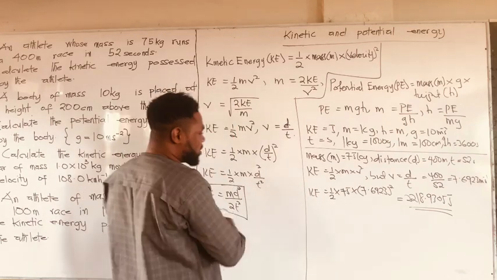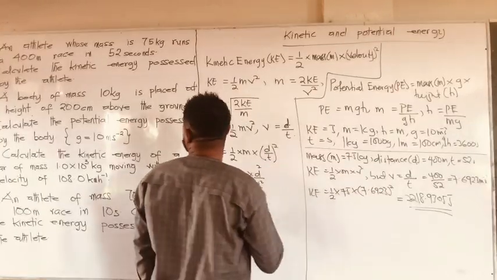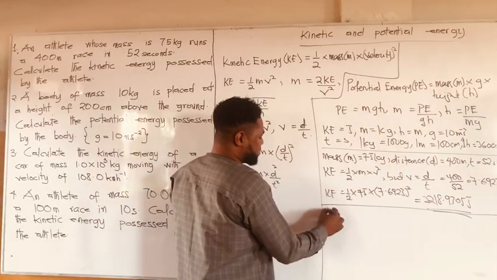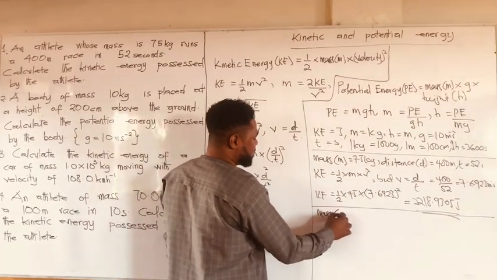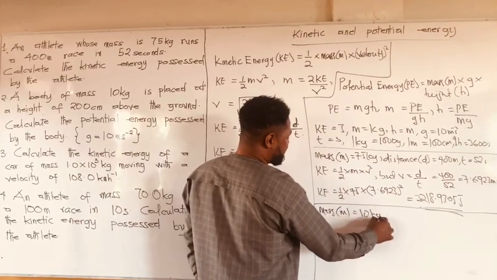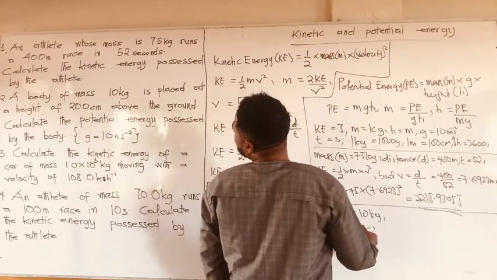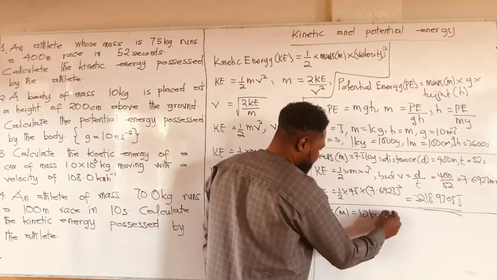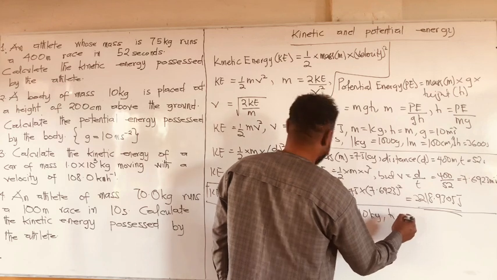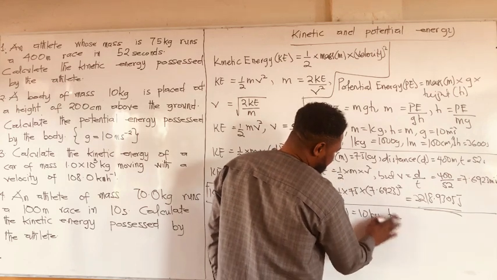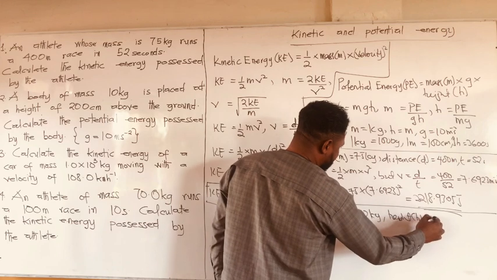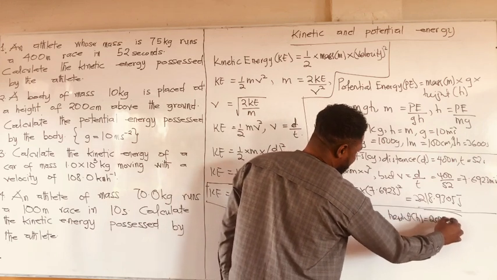Let us look at the second one. The mass of the body is given to us as 10 kilogram. And also the height is given, that is 200 centimeters.